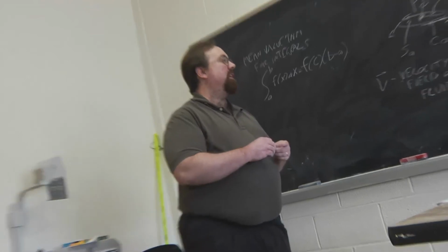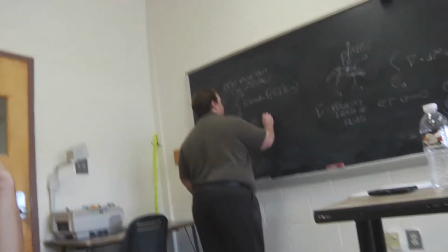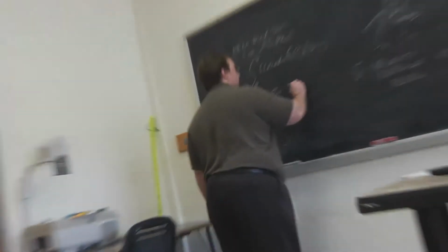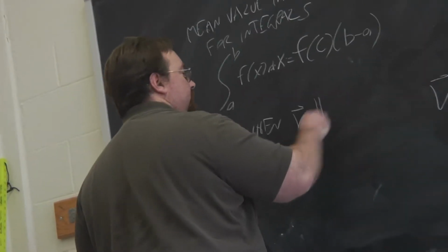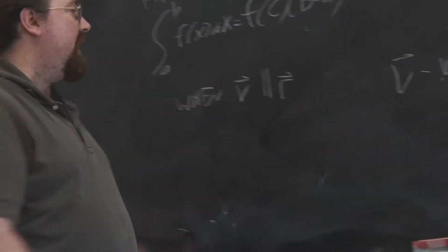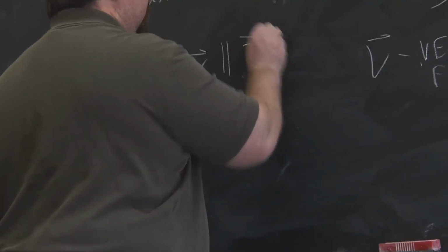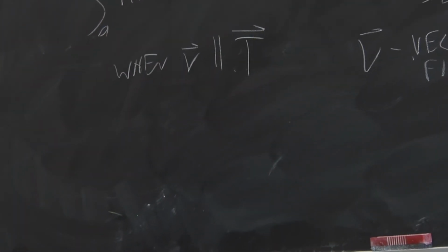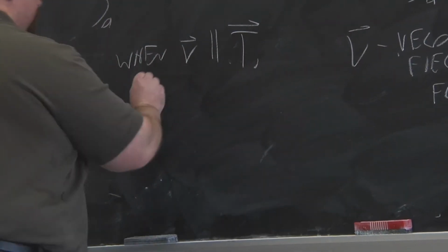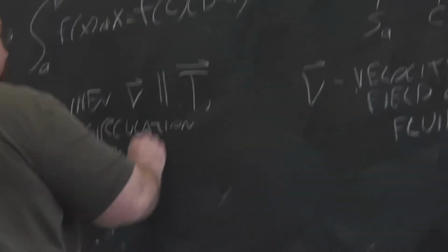All right. So what ends up happening is, when the velocity field is parallel to the tangent vector, I'll just use t in this case, for the unit tangent vector, then the circulation is maximized.